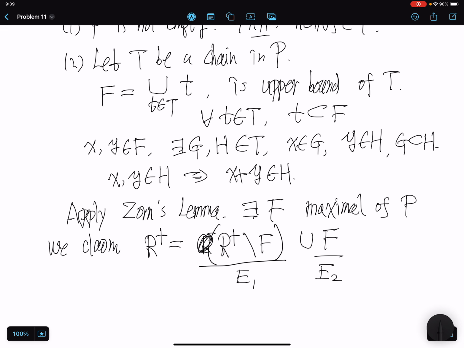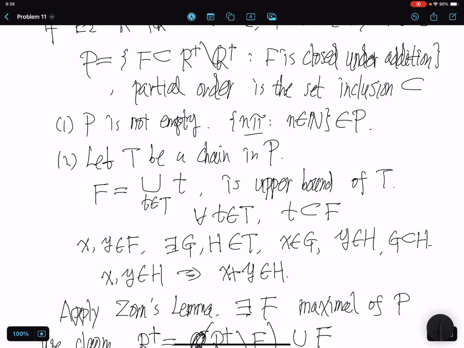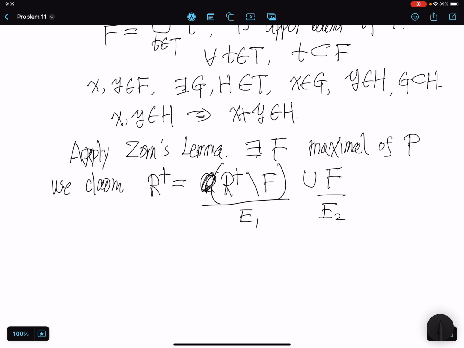Basically, this is the partition. And F is clearly closed under addition, because it's a member of P. So all we need to show is that E, or we can say E union F, is closed.